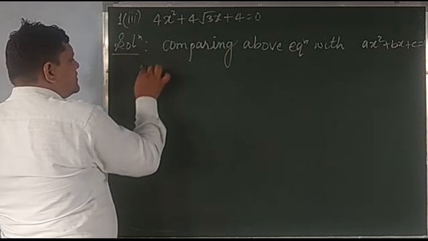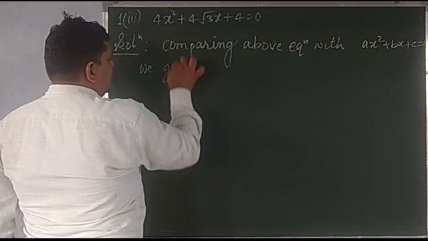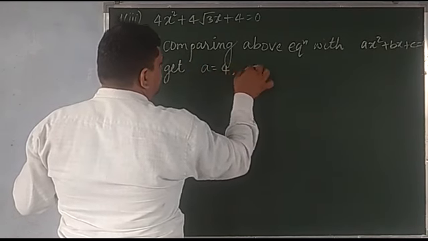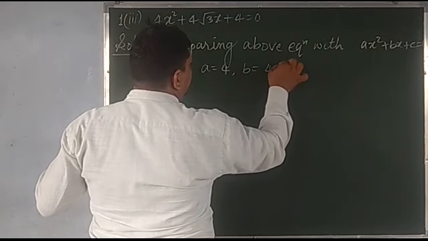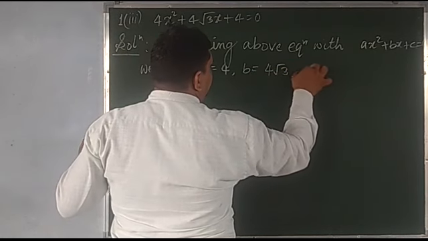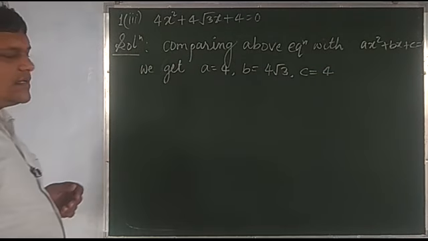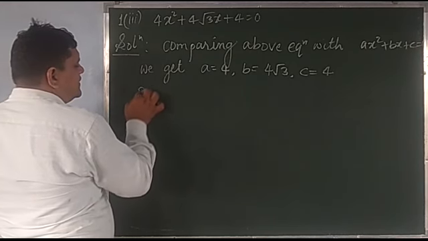We get a is equal to 4, b is equal to 4 under root 3 and c is equal to 3. Clear? And now the discriminant.